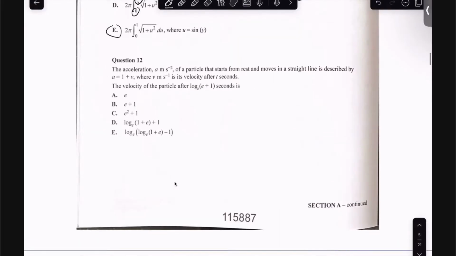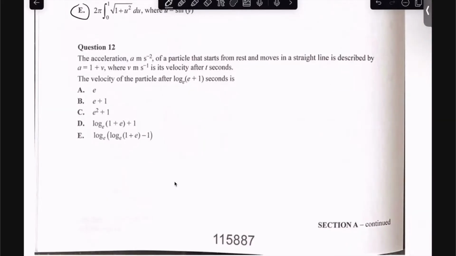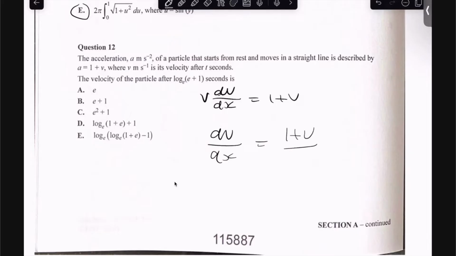The acceleration a meters per second squared of a particle that starts from rest and moves in a straight line is described by a is equal to 1 plus v, where v is its velocity after t seconds. The velocity of the particle after that second is, so v dv over dx is equal to 1 plus v. dv on dx is equal to 1 plus v on v.